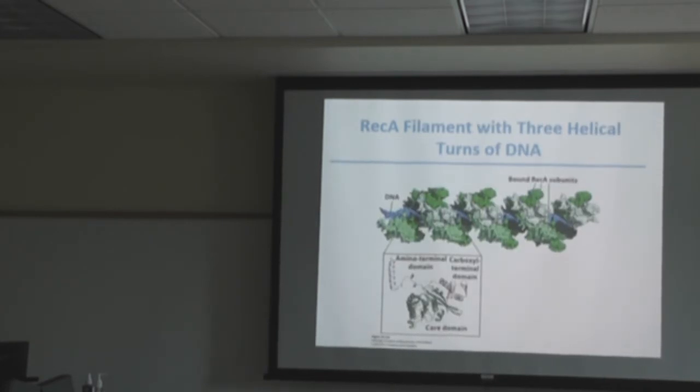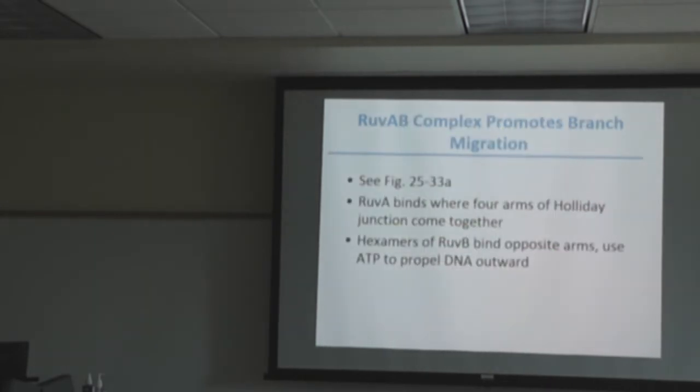RuvAB, well, this is RecA again. Filaments with 3 helical turns of DNA. I always like the pictures on these. The RuvAB complex promotes branch migration, where the 4 arms of the Holliday junction come together. Hexamers of RuvB bind opposite arms and use ATP to propel the DNA outward.